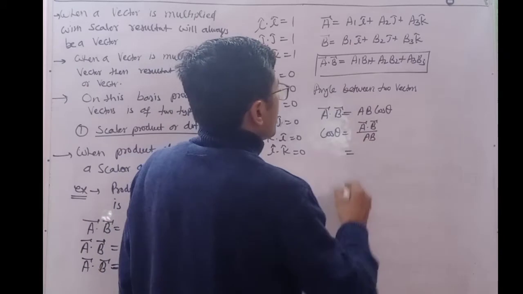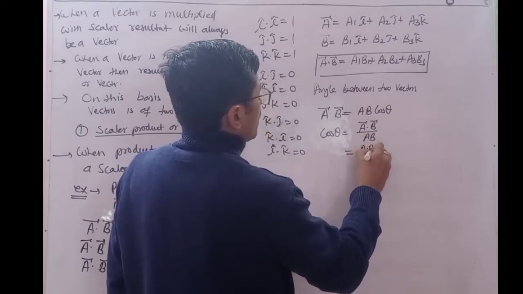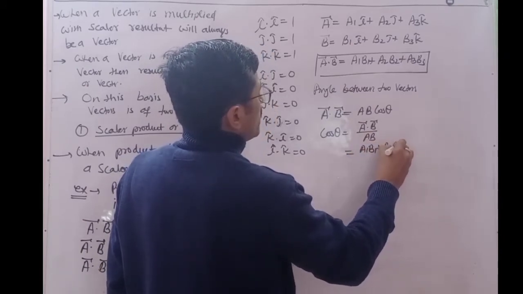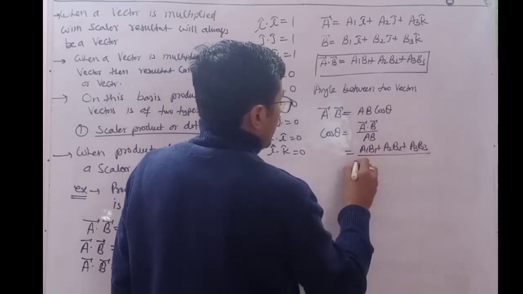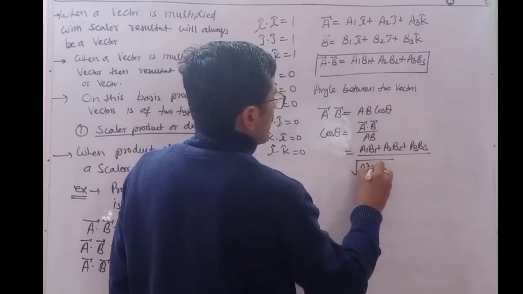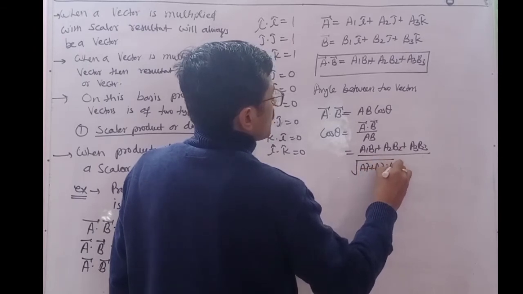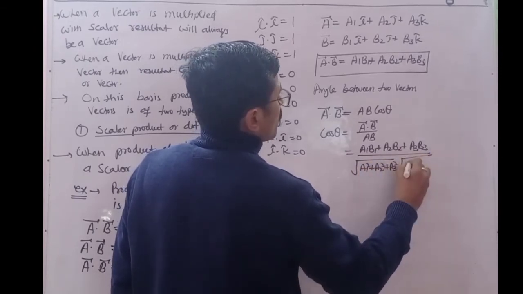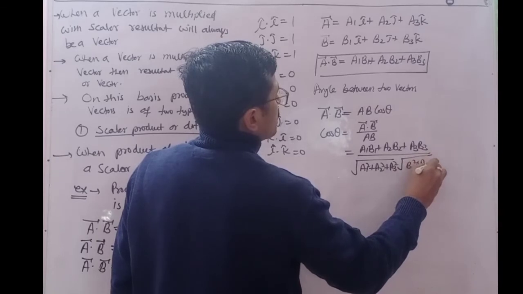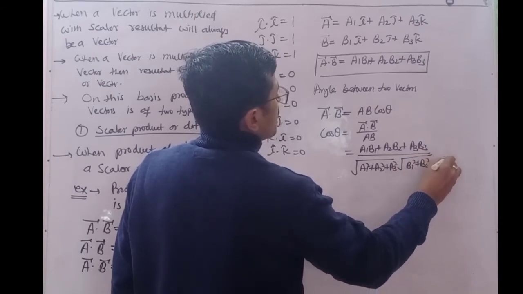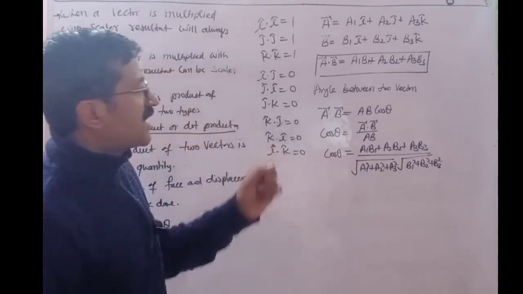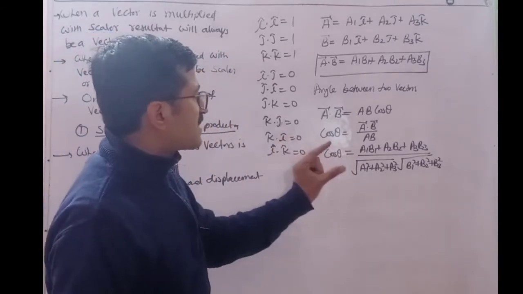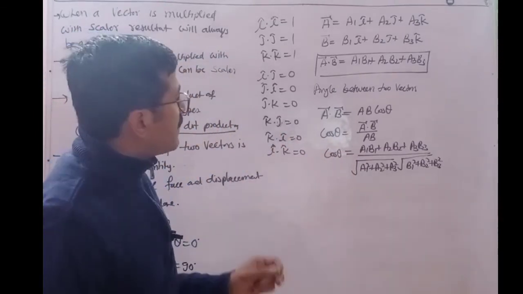A dot B will be A1 B1 plus A2 B2 plus A3 B3, upon the square root of A1 square plus A2 square plus A3 square, times the square root of B1 square plus B2 square plus B3 square. This will be cos theta, the angle between two vectors. By using this formula, you can find the angle between two vectors.